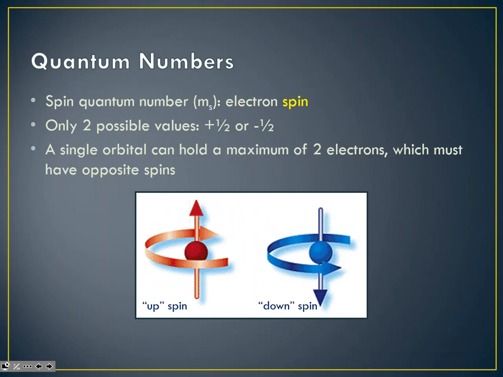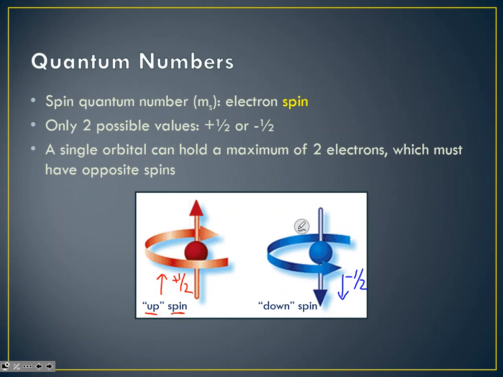Last but not least, the spin. This is so easy. The spin's really, really easy. If you're an up arrow in the box, you're spinning clockwise, you are +1/2. That is your designation, +1/2. If you are spinning down in the box, like a down arrow, you are -1/2.